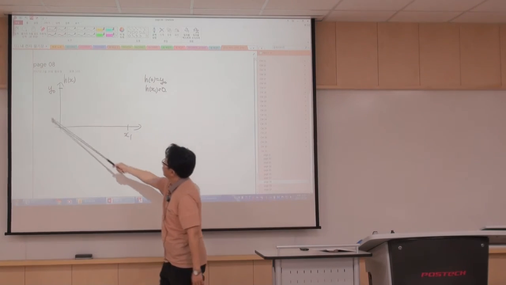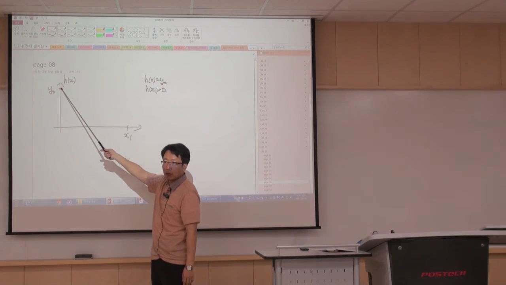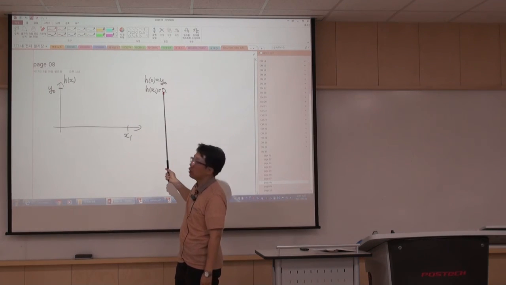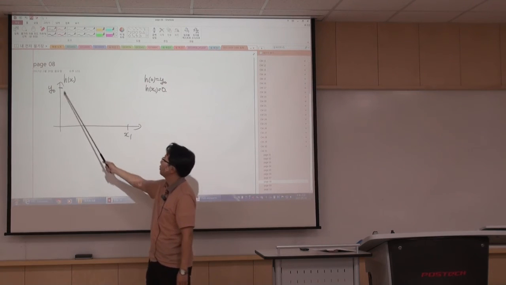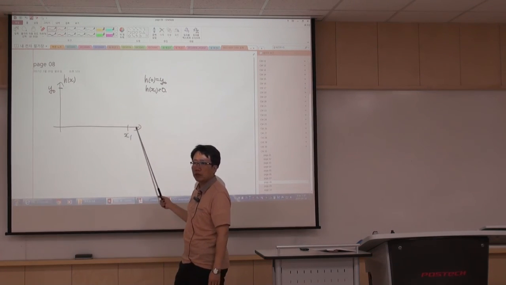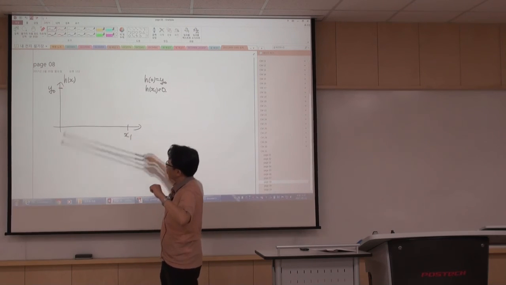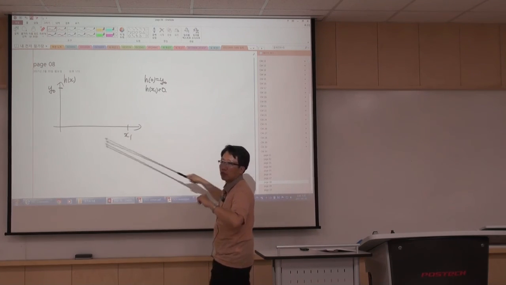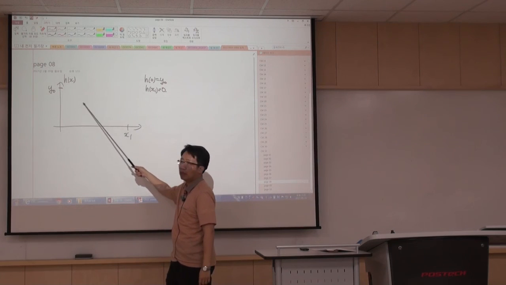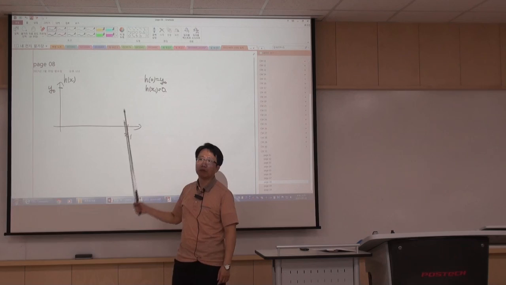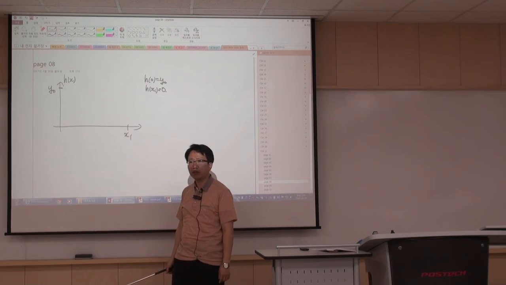At 0, the function value is y0. At x1, the function value is 0. And you want to find the continuous function, so that if you put a bead here, then this is the direction of gravity, so it moves and reaches here after minimum time. What is your intuition?